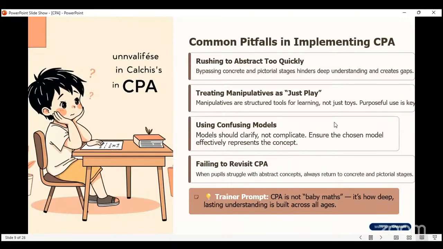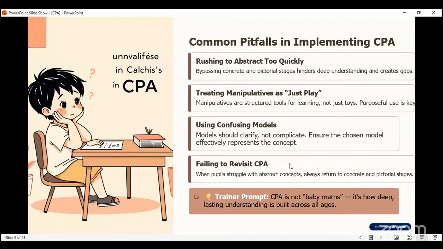Then, using confusing models. Models should clarify, they should not complicate. Ensure the model you have chosen, the concrete method or the pictorial method, suits the topic you are teaching correctly. Don't use a model that will scatter even the knowledge that the children had before, and make them lose it.